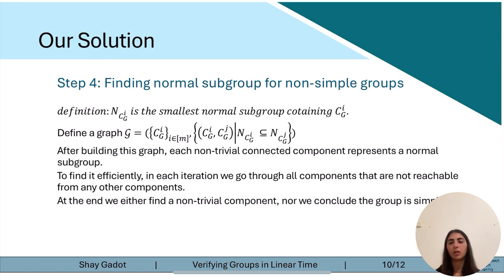Because if a component is reachable, it means that the smallest normal subgroup containing this component contains the other one's smallest normal subgroup, and that means that we don't want to invest in this normal subgroup because there is a smaller one. And if the other one is trivial, this one must be trivial as well. So we don't need to check it, we can only check the other one. At the end, we either find a non-trivial component, or we conclude the group is simple.